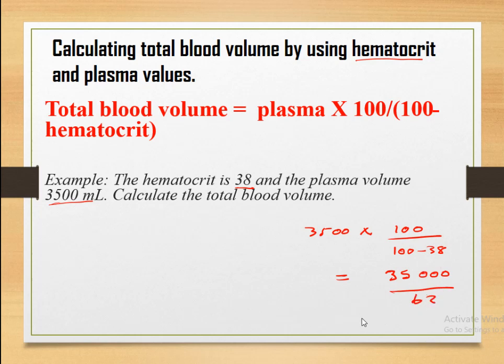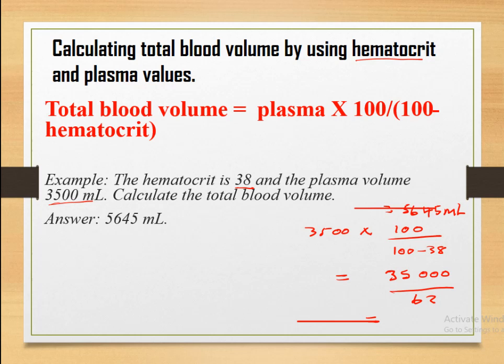So when this is worked on, we are simply going to have a value of 5645 mils. Sorry, my pen is not writing properly. All right, so that's the value which I've found when I did my calculations.